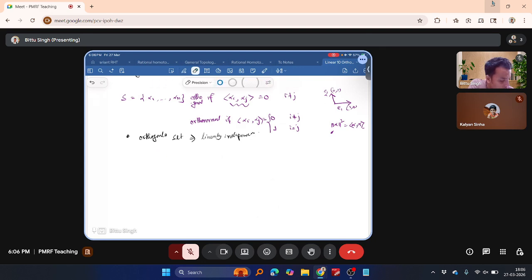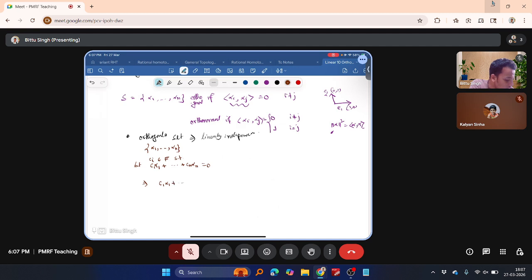Suppose alpha 1 up to alpha n is an orthogonal set, and consider the combination c1 alpha 1 plus up to cn alpha n equal to 0, where the ci belong to the field such that this combination is 0.